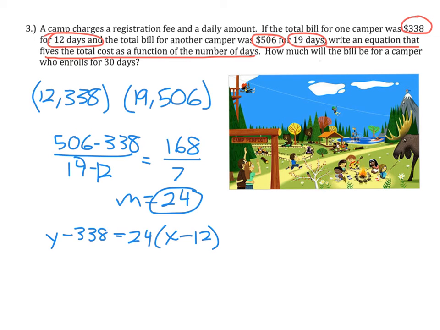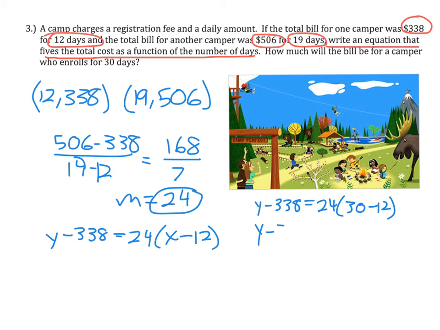Okay. So now I want to know what will the bill be for a camper who stays 30 days. So remember, days are the input and the cost is the output. So we're going to put 30 in for x. We'll do this over here. y minus 338 equals 24 times 30 minus 12.